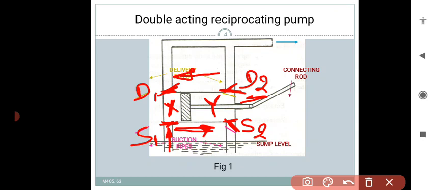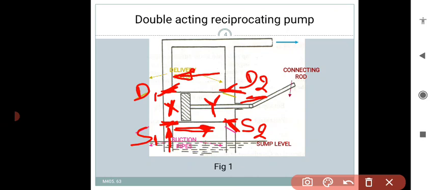When the piston moves from left hand side to right hand side, the suction 1 valve is open and only the delivery 2 valve is open. The suction is built through the suction pipe at the left side only, and the delivery is done with delivery valve 2.